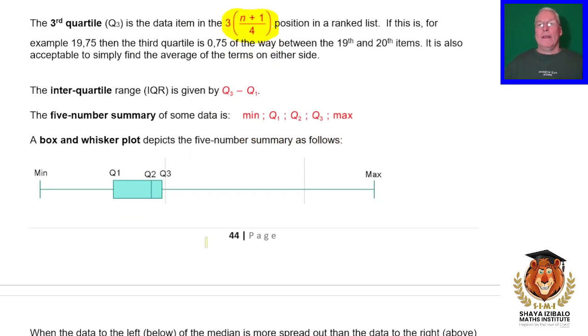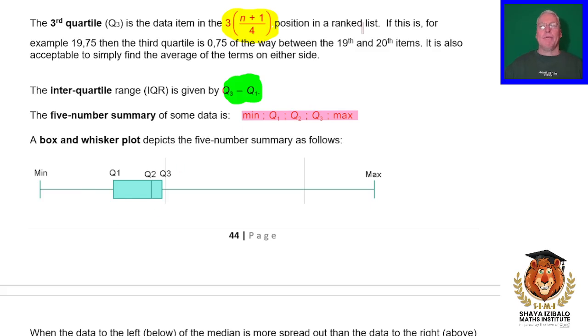We've then got a concept called interquartile range, and that's just the third quartile minus the first quartile. Then there's this idea of a 5-number summary, and the 5-number summary is just those 5 numbers. It's the smallest number, the first quartile, the second quartile, which is also called the median, the third quartile, and the maximum.